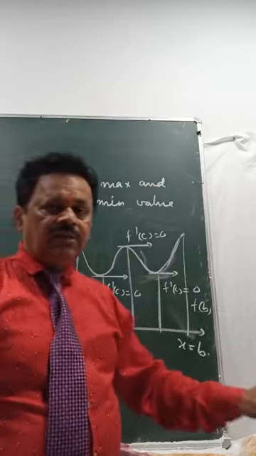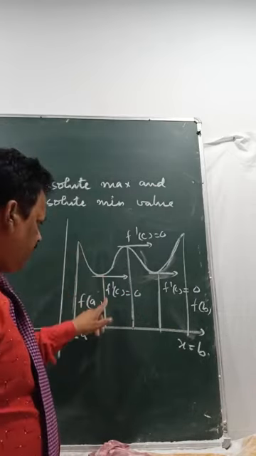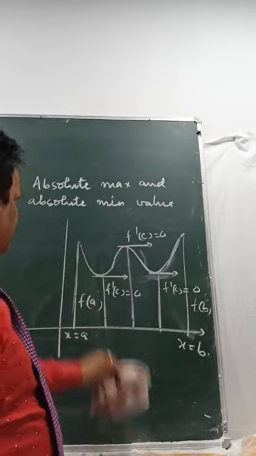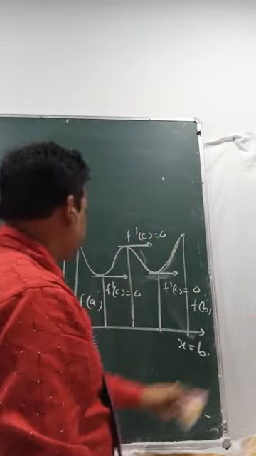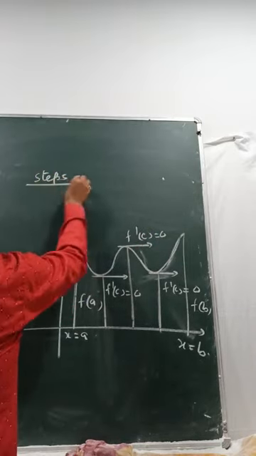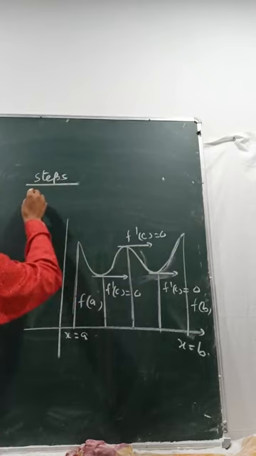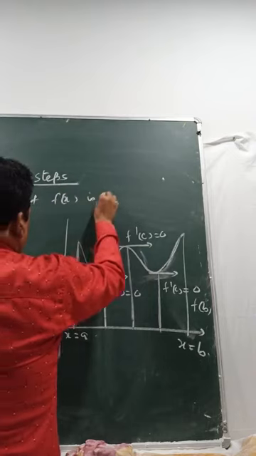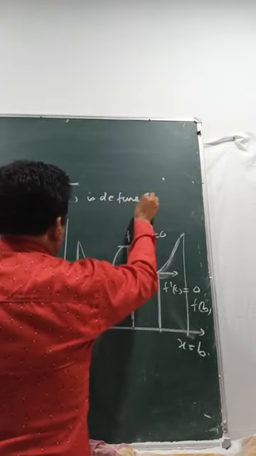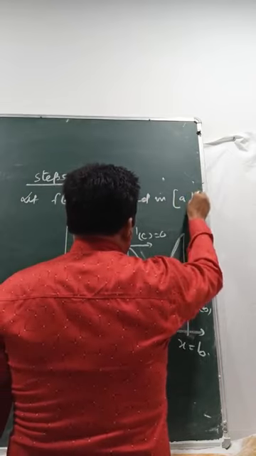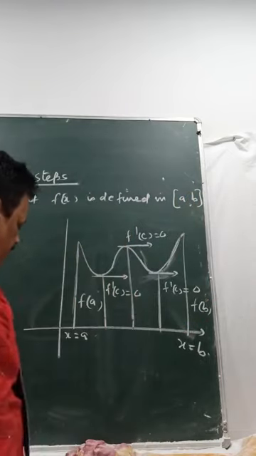What are the steps you will have? Find the first derivative of the function. So you can write 2-3 steps on this. Let f(x) be defined in the closed interval [a, b].